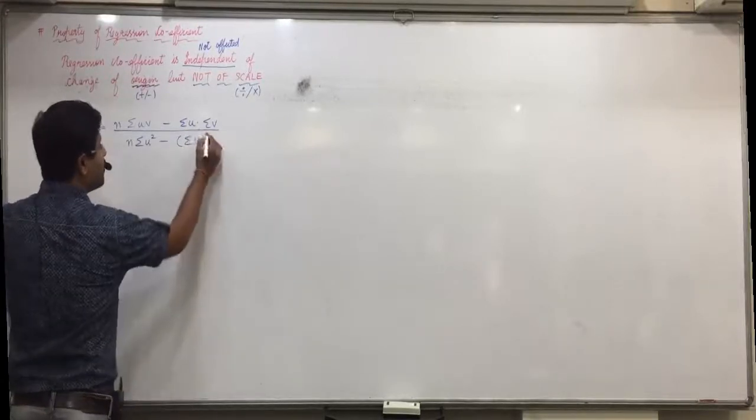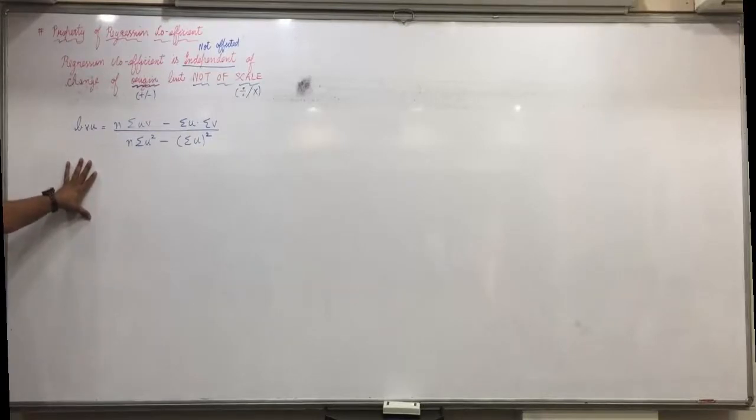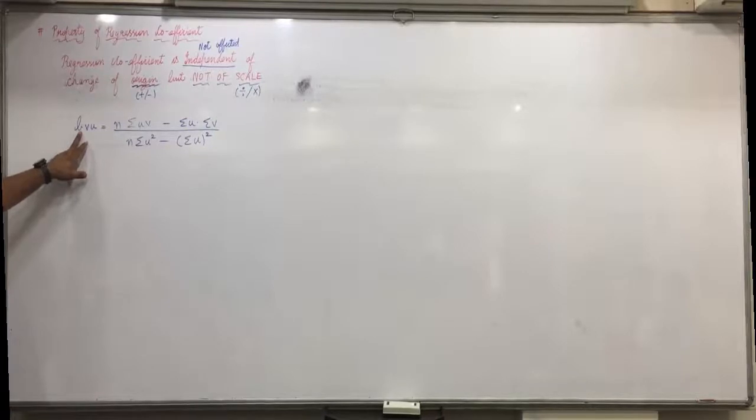There is a formula of BVU, like BYX. It means the regression coefficient of changed variable V, which is obtained from Y, on changed variable U, which is obtained from X. So instead of Y on X, we obtain V on U. Any confusion in this? Is this formula clear to every one of you?